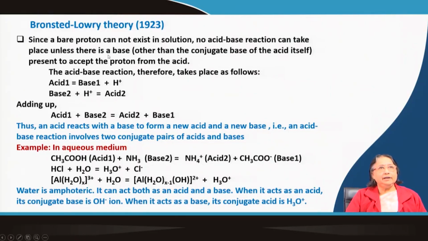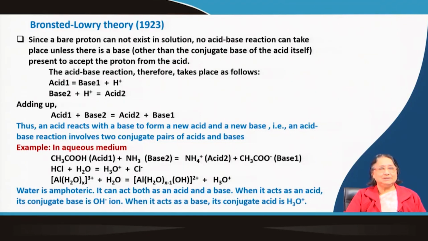Here you can see, since a bare proton cannot exist in solution, no acid base reaction can take place unless there is a base. Why? Because an acid will give up a proton, but there must be some taker of that proton. Because a proton cannot exist in solution, it must be combined with something.